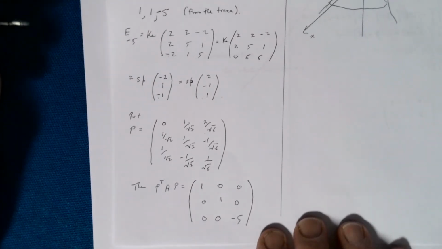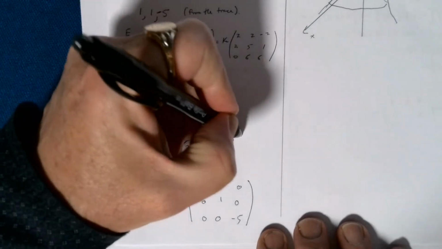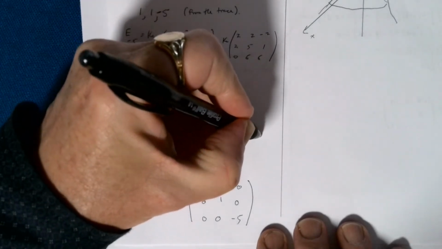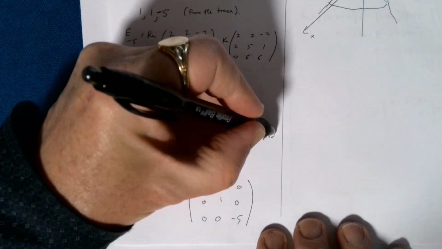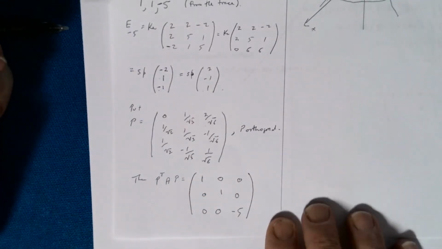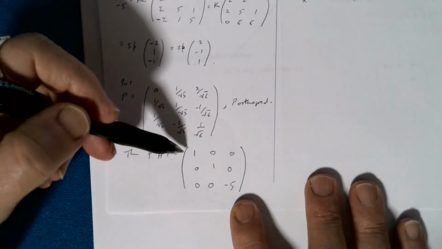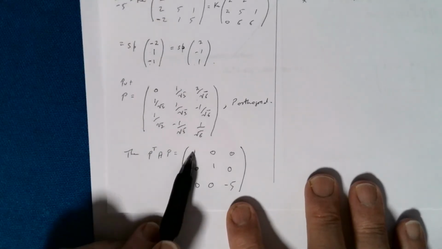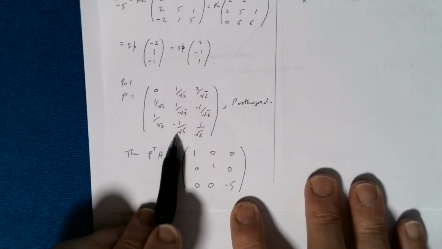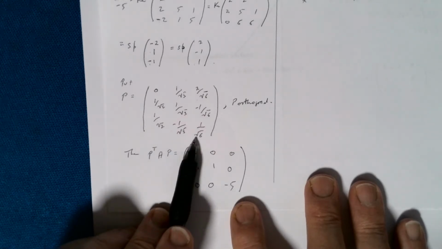So this P now is orthogonal. So P is an orthogonal matrix. That means its inverse is equal to its transpose. So P inverse or P transpose AP gives me this diagonal matrix where we get the eigenvalues in the same order as the eigenvectors that I put in here.